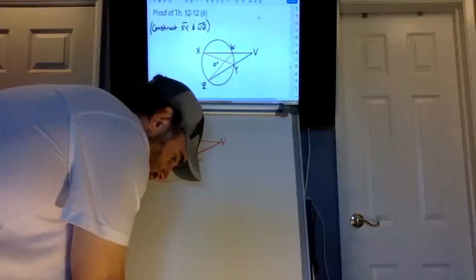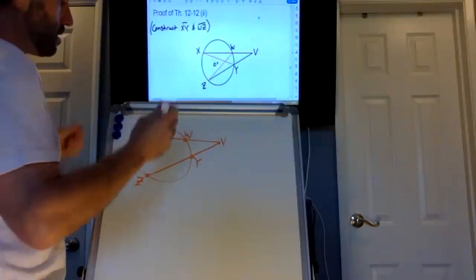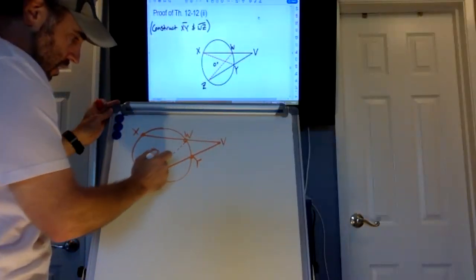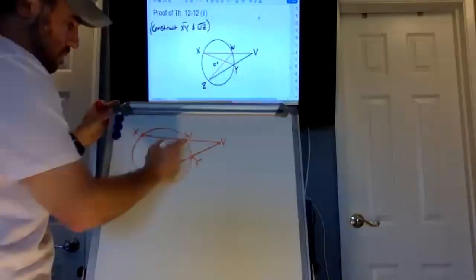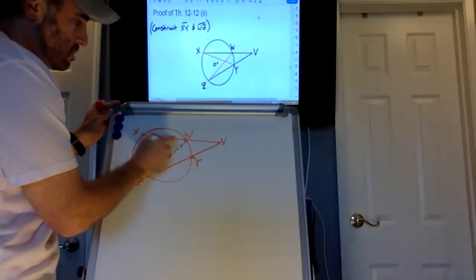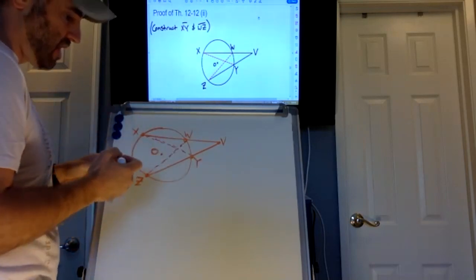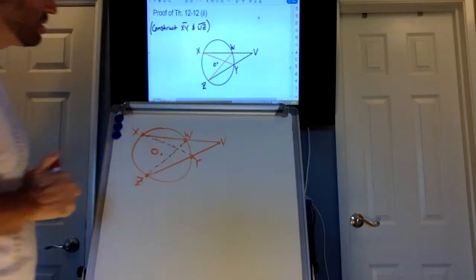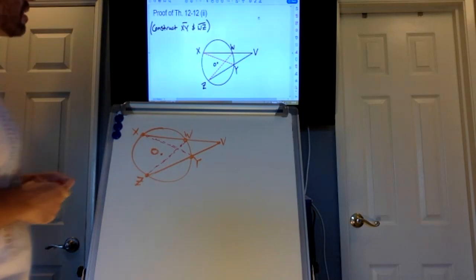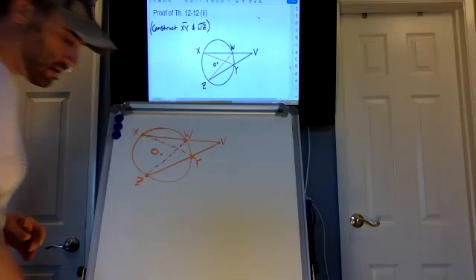That's circle O. Here you have overlapping triangles. Okay, and that's going to be important.